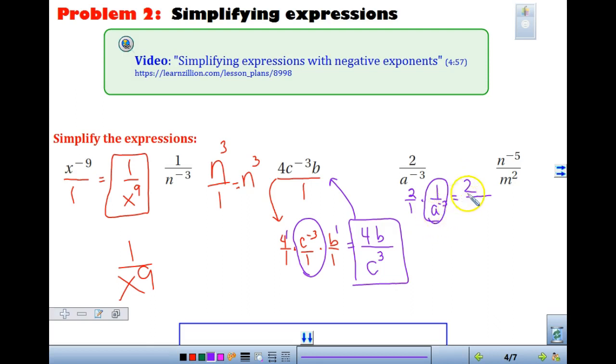And this a to the negative 3 is going to move from the denominator to the numerator, and it's a to the 3rd. And I still have this 1 down here, so I could keep that. And someone said, well, can I just write an answer of 2a to the 3rd power? Yep, that's the same thing. If you ever leave it over 1, I will not mark that wrong, okay? A lot of people like to have it over 1.